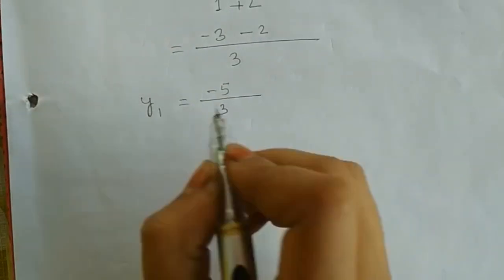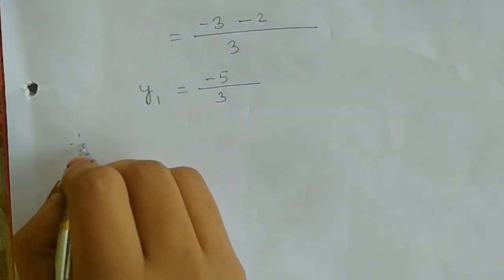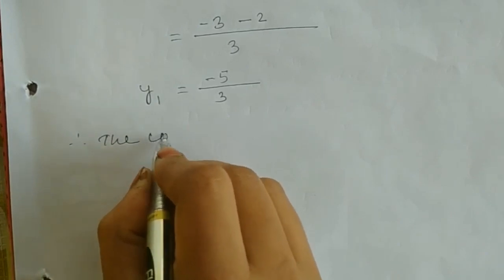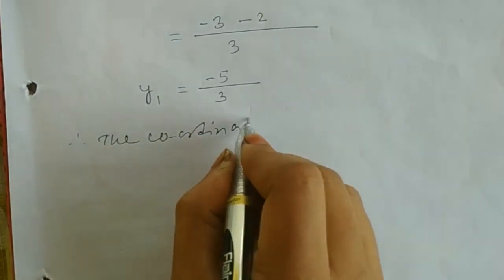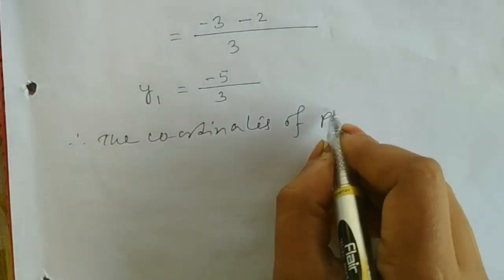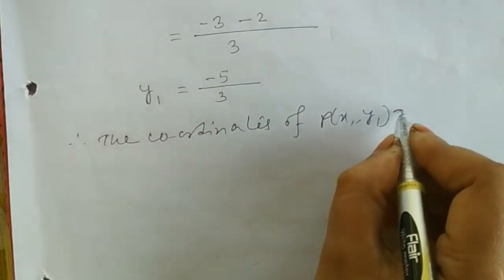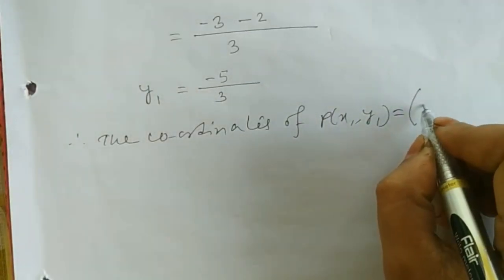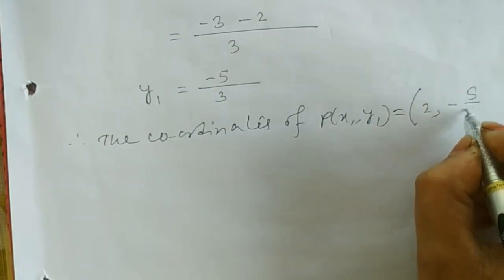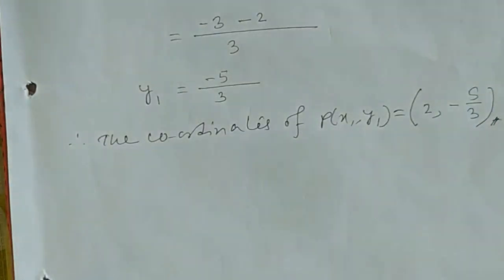So y1 is minus 5 by 3. Therefore, the coordinate of P, x1 comma y1, equals 2 comma minus 5 by 3. This is the coordinate of P.